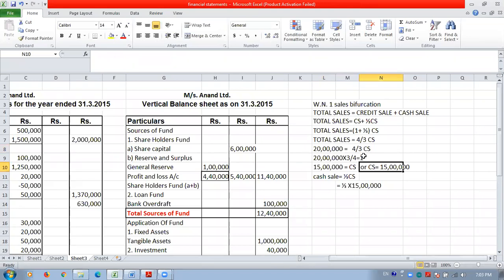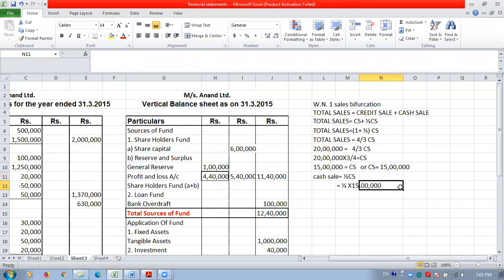That means 20 lakhs into 3 by 4 is equal to CS, credit sale. So credit sale is equal to 15 lakhs. How is it arrived? 20 lakhs into 3, 60 lakhs, divided by 4, 15 lakhs. So 15 lakhs is the credit sale.